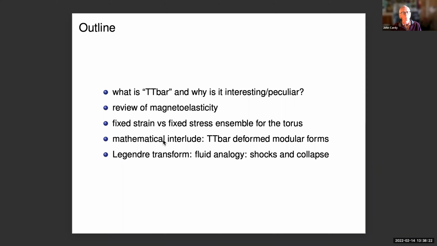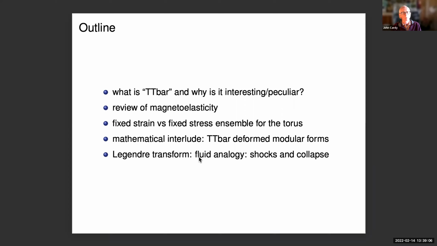And then I will go on to the mathematical interlude, where we realize that a lot of the equations that we've talked about actually apply in a much more general mathematical context of TTbar deformed modular forms and so on. And then I'll go back to the physics and I'll explain how everything becomes simple if we relate the fixed strain ensemble and the fixed stress ensemble by a Legendre transform.